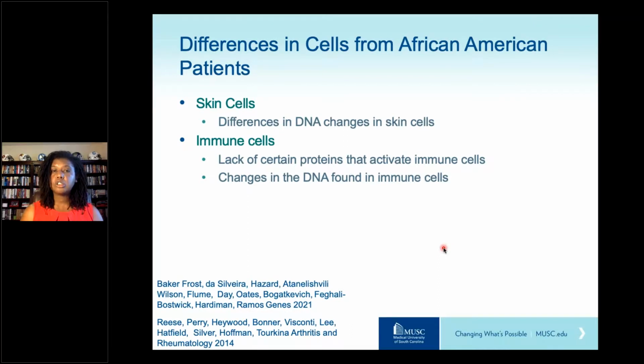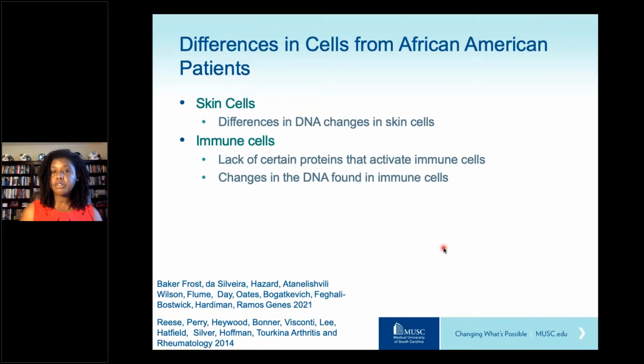In addition to looking at the genetic makeup of the blood between African American and non-African American scleroderma patients, researchers are also looking at specific organs that are affected by scleroderma to look at the cells to see if they can see differences there that can explain these differences. So, for instance, skin cells have been isolated from African American and non-African American patients with scleroderma to compare and contrast differences.